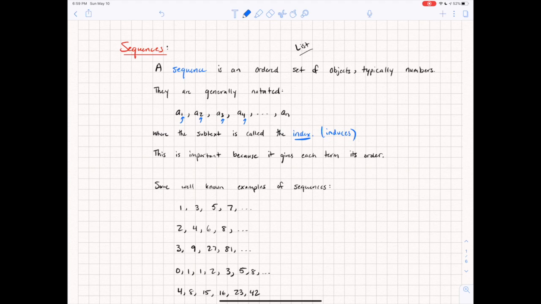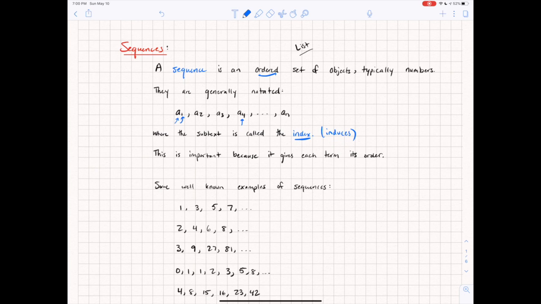So if I wanted to talk about the first term, then I'm looking at A1 specifically. If I want to talk about the fourth term, then I'm looking at A4 specifically.